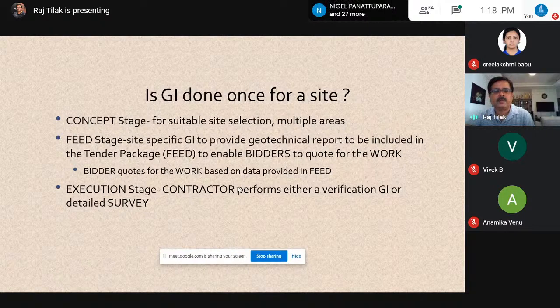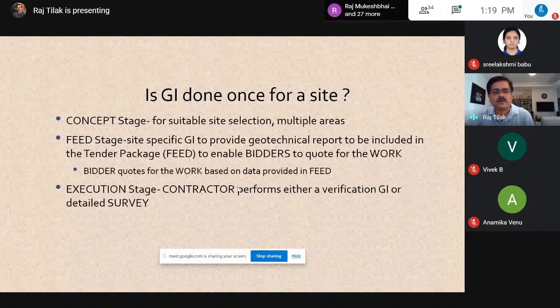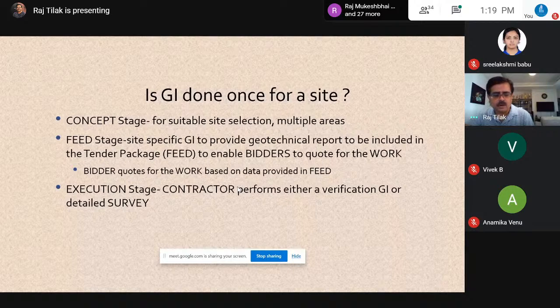Let's say for a typical refinery, it would be 15 or 20,000 piles, which is a good enough cost as compared to normal concreting and shallow foundations. Or if he had to go for ground improvement, that is an additional cost.